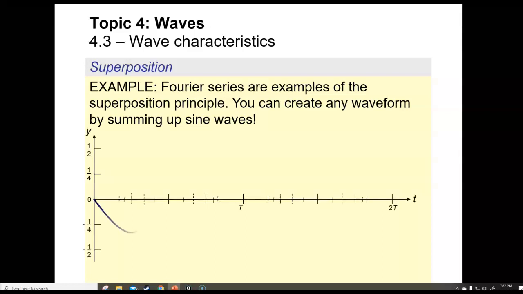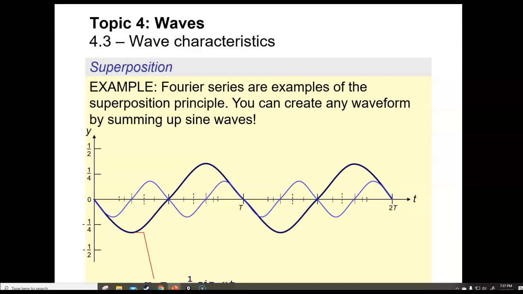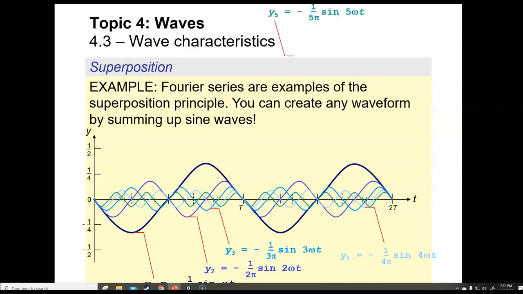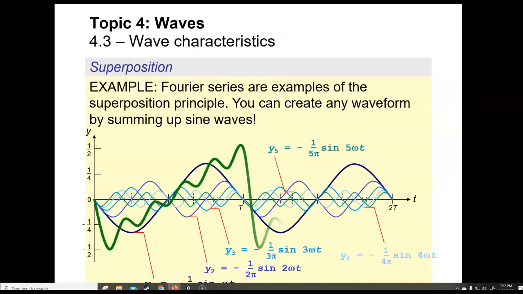So for example, if you take 1 sine wave and you add another sine wave and you add another sine wave, each of these with a different frequency, and you keep going, you can get some weird funky signal like this green line, which represents the superposition of all 5 of these waves. And you might think, why would you ever have to do that?